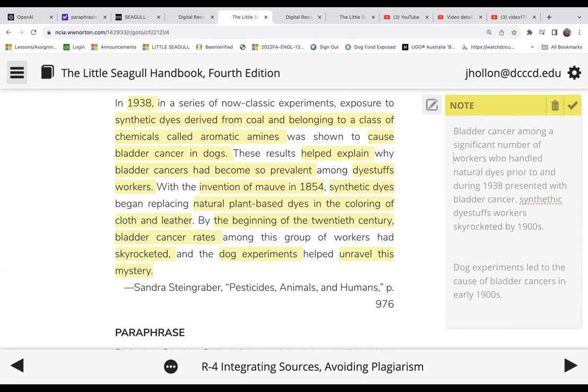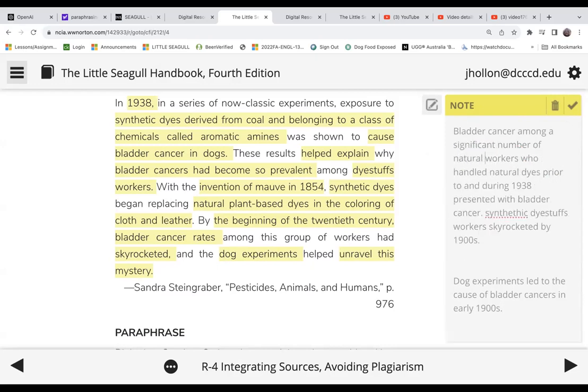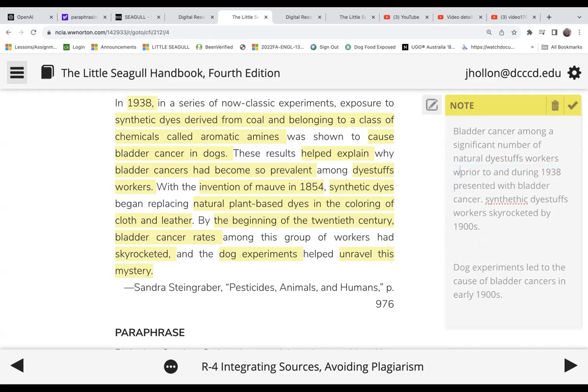Okay, bladder cancer among a significant number of dye stuffs workers was rising. Okay. To and during 19. Okay.